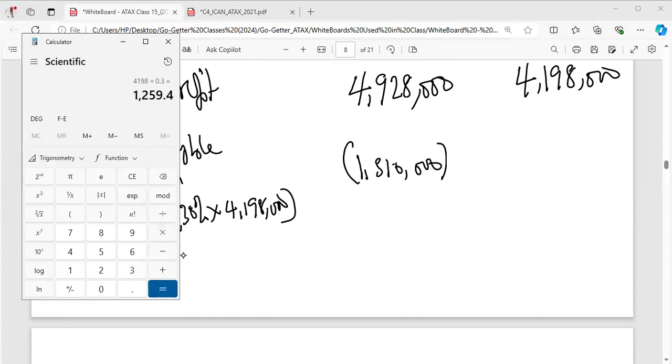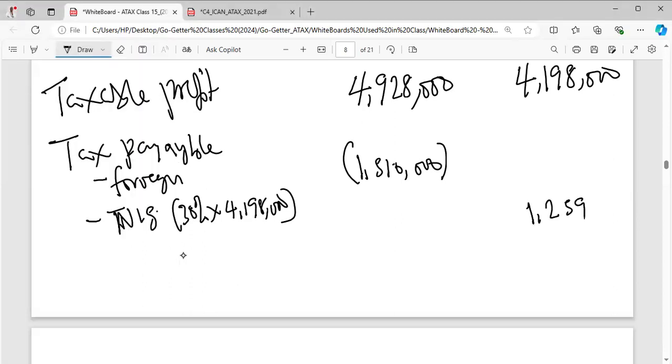That should give me 1,259,400. Okay, so this is your total profit. Why am I putting bracket? Not preparing financial statement. So this is your foreign tax. This is your Nigerian tax.